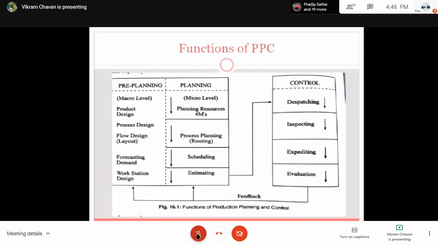That comes under the pre-plan. It will provide the boundaries of a plan. Once you are done with the pre-planning, the next phase comes, that is actual planning. In this planning phase, the macro level planning will be done. Macro level means what?